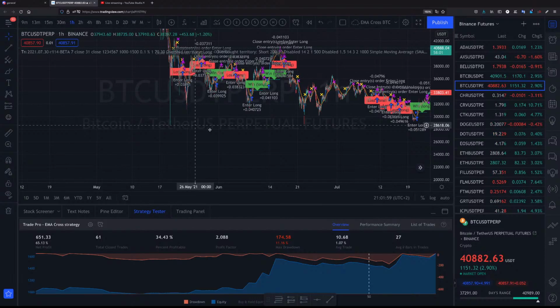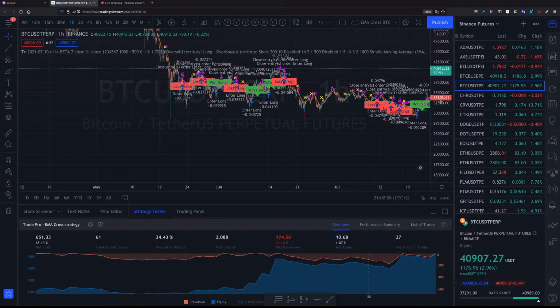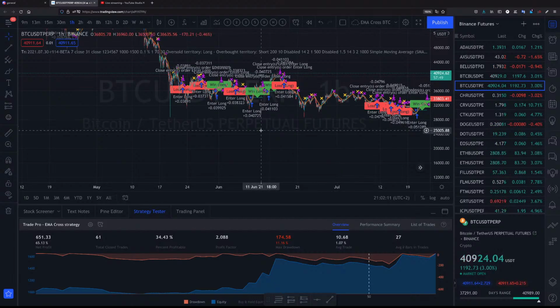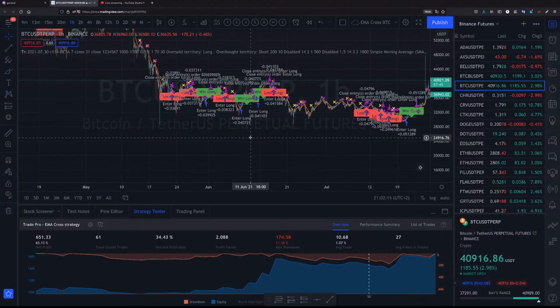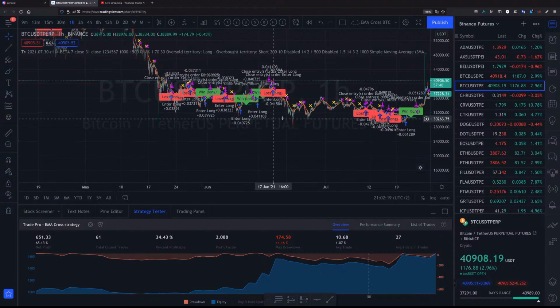Interesting. Okay, so we got down. Yeah, but it's not good. But I see this can definitely be improved a lot, by what I did to filter out the moves and to turn the bot on only when you are in an uptrend for the longs.